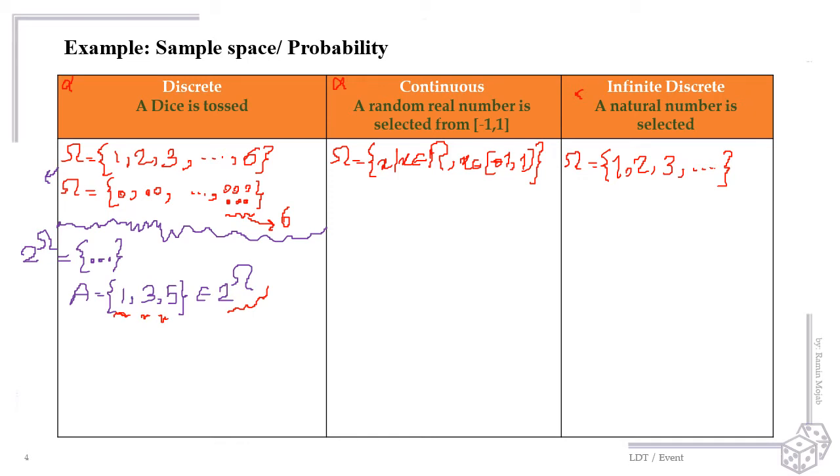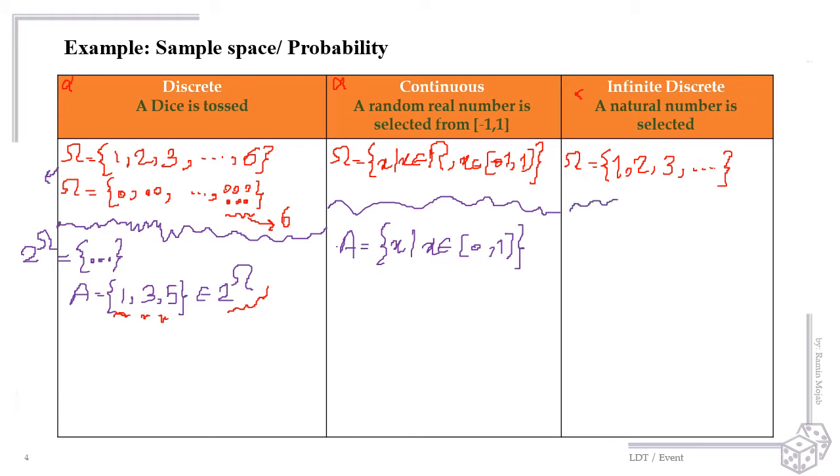Here in the continuous case, I'm not going to talk about the power set of the set. However, we know that A, the set of x such that x belongs to the interval 0 and 1, is an event. I will talk about the probability of these events later.